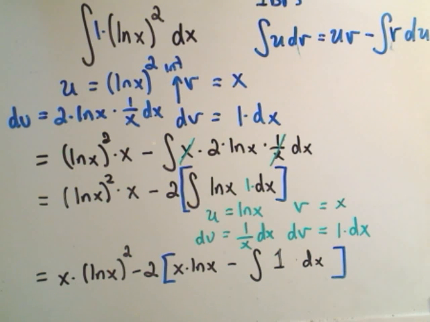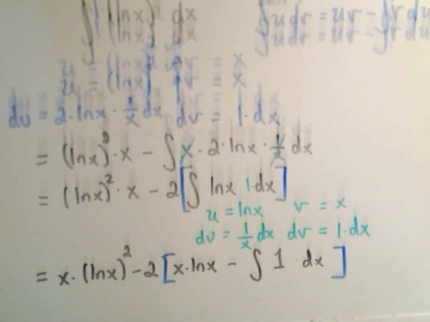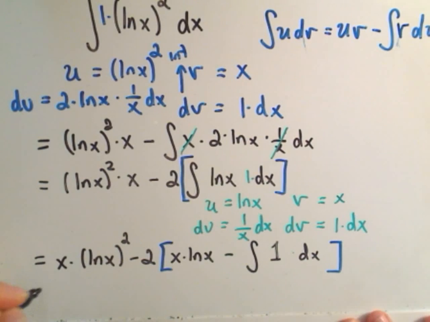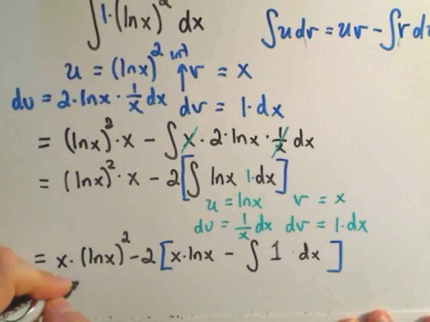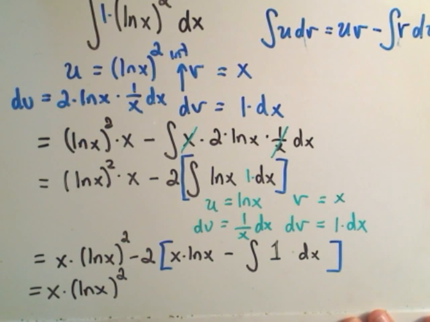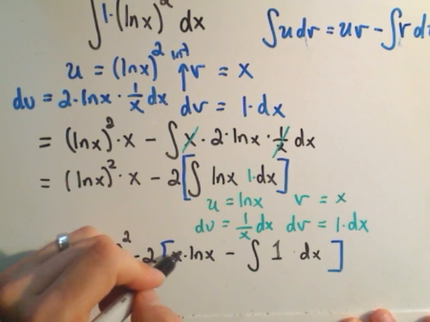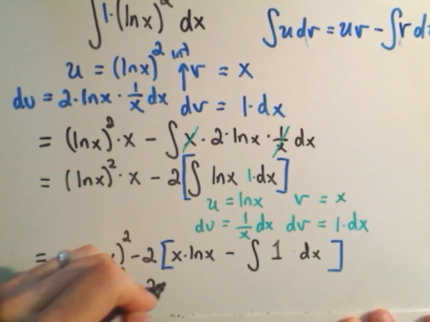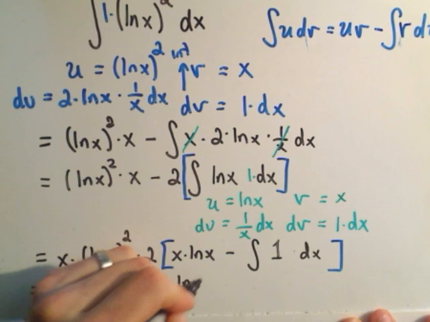All I really need to do is clean it up a little bit. The x ln of x squared term from the beginning is still just sitting out there. I'm going to do a bunch of things at once here just to clean it all up. This first part inside the brackets we're done with, so I'm going to distribute the negative 2 and get negative 2x times ln of x.